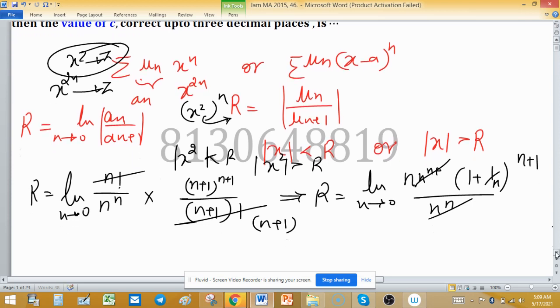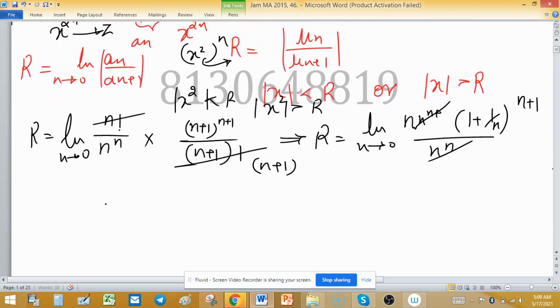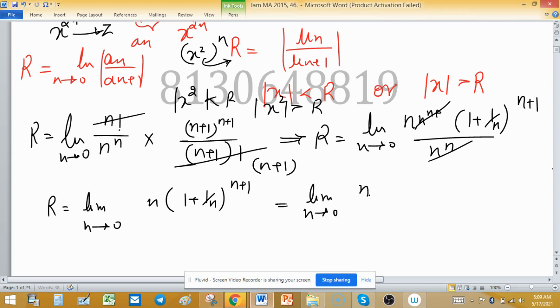So r equals the limit of n within brackets n plus 1. Also this can be written as the limit of n times (1 plus 1 upon n) and (1 plus 1 upon n) raised to the power n.